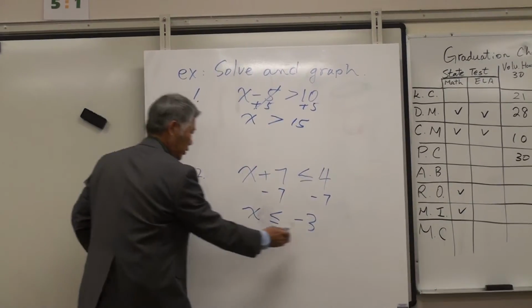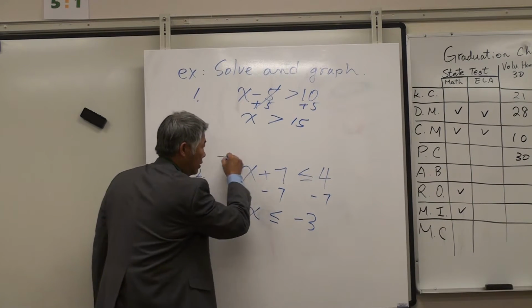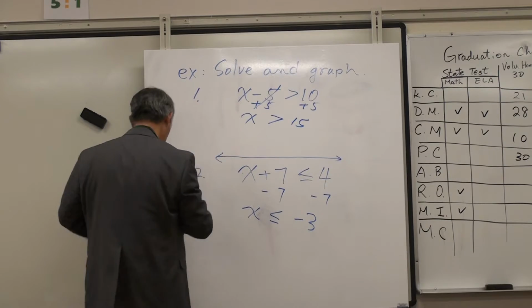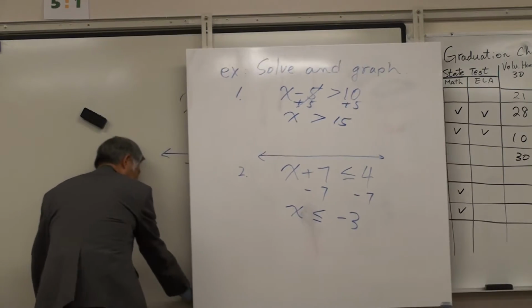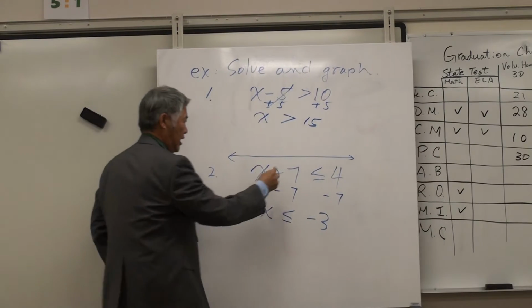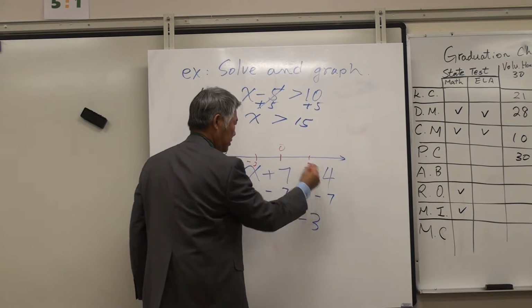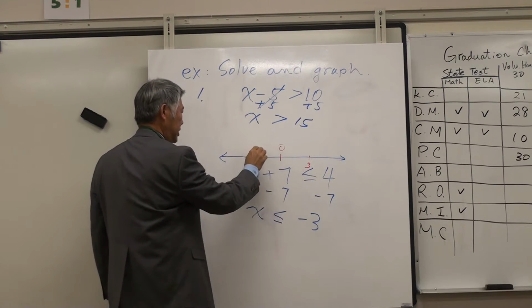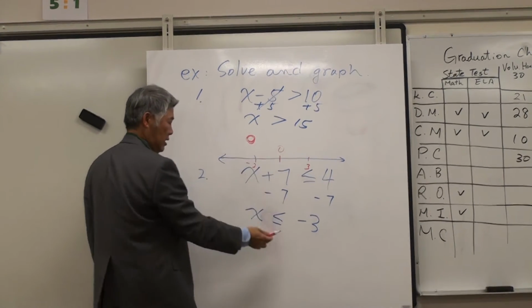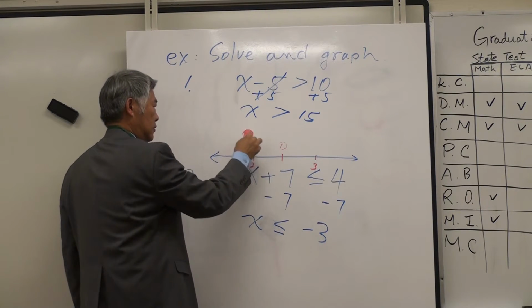Okay, we graph this one. Here, we have 0, negative 3, positive 3. So you have negative 3 here, right? There's an equal sign, so you have to close the circle.